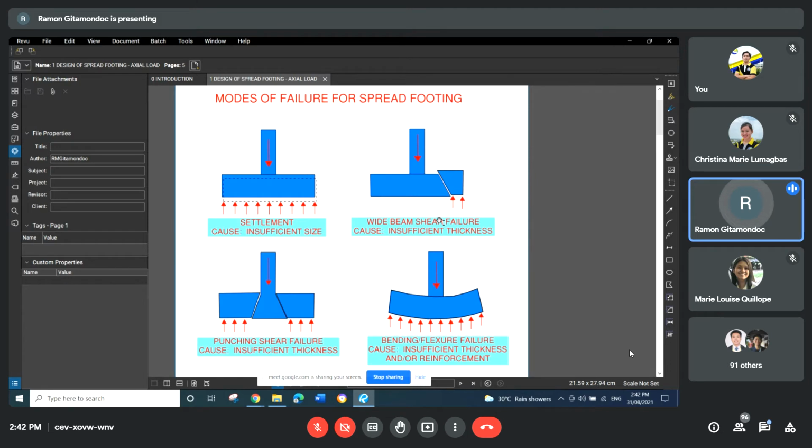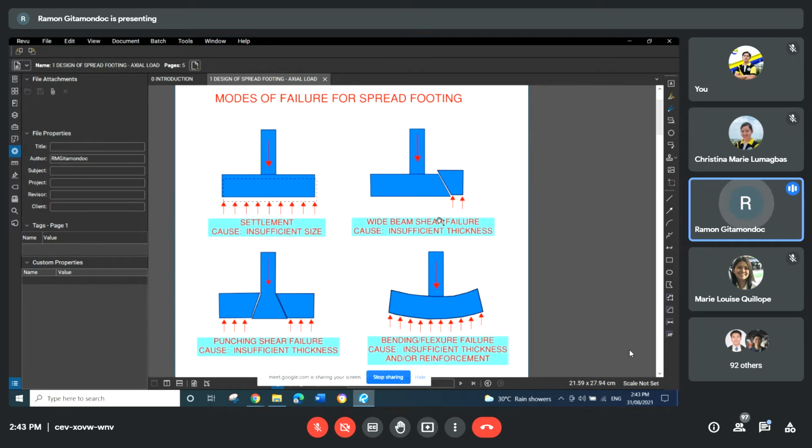So the cause of bending failure is, again, insufficient thickness, which will result in crushing failure. But since footing thickness is usually governed by shear, thickness is usually not a problem in flexure. So usually the flexural failure is initiated by insufficiency of the steel reinforcement.